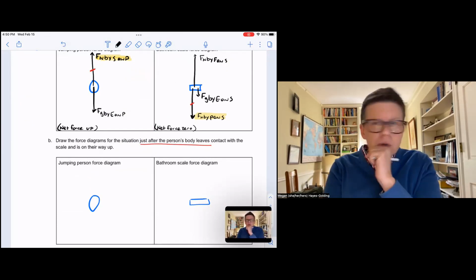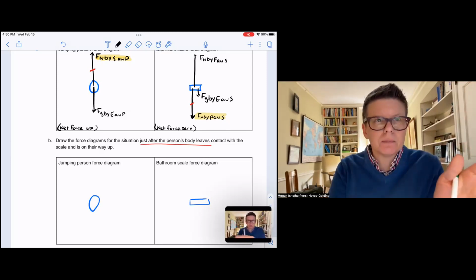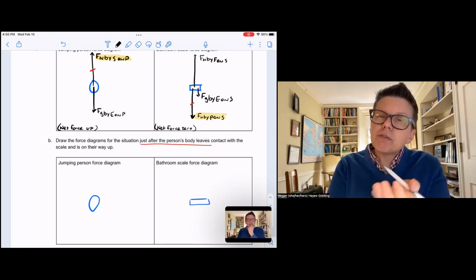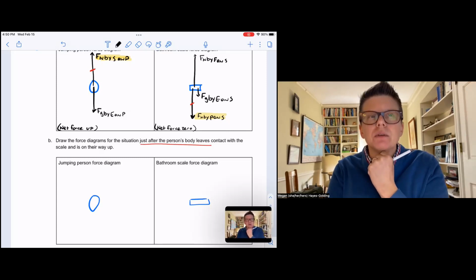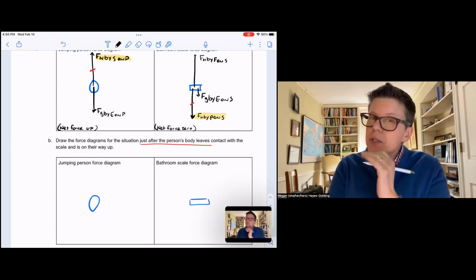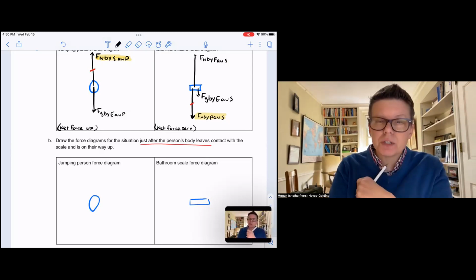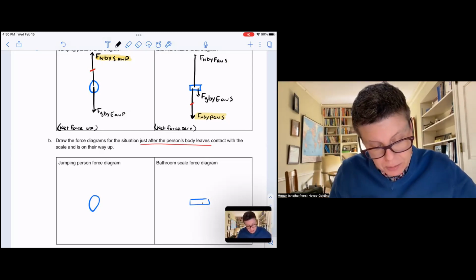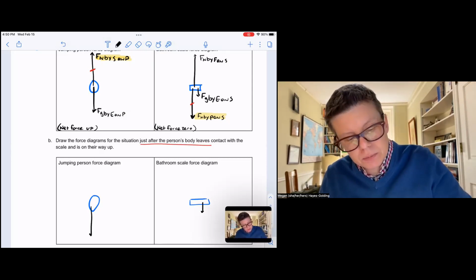Well, the person's no longer touching the scale, so the scale-person interaction, gone. Is the floor still supporting the scale, Fn by floor on scale? Yes. May or may not be the same size, but yes, it needs to exist. And Fg by Earth on scale. So that's not going to be changed, right? And the person's weight. Wow.